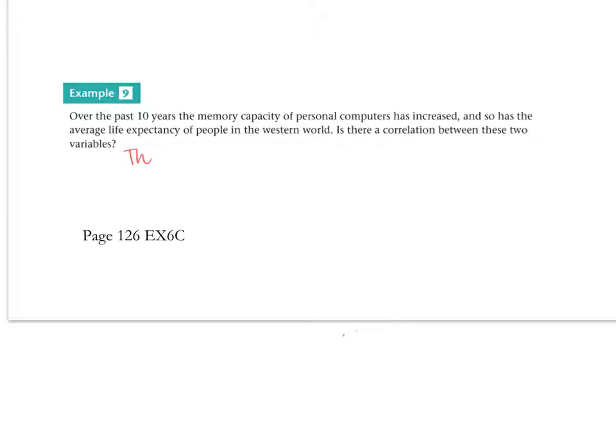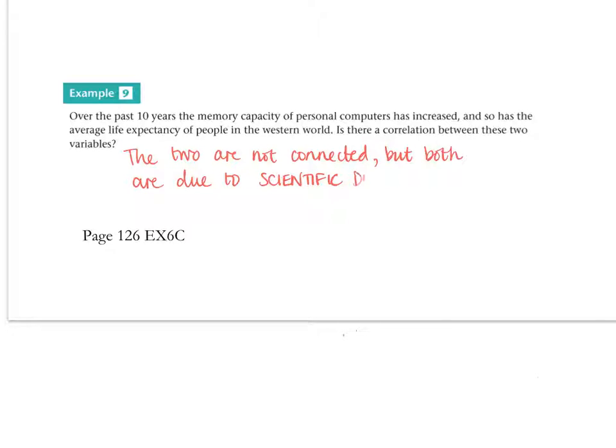So the two are not connected, but both are due to scientific development over time.